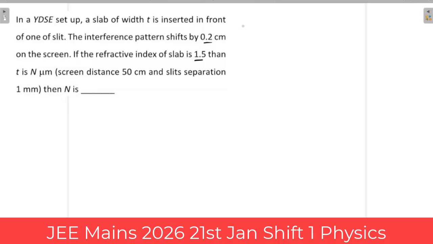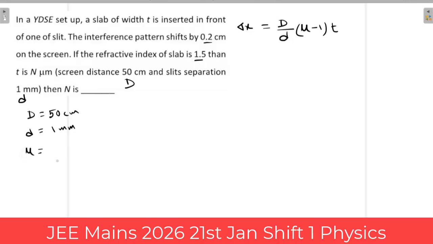If delta x is the shift in the interference pattern, then delta x is equal to capital D divided by small d times (mu minus 1) T. Here capital D is the screen distance, that is 50 centimeter, and the slit separation small d is 1 millimeter, and mu is the refractive index of the slab, 1.5, and T is the width.